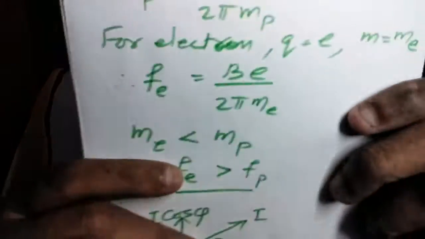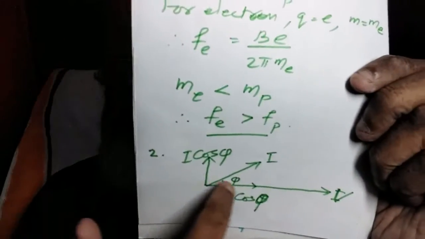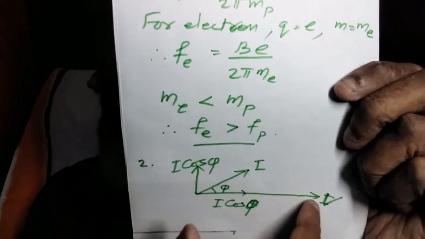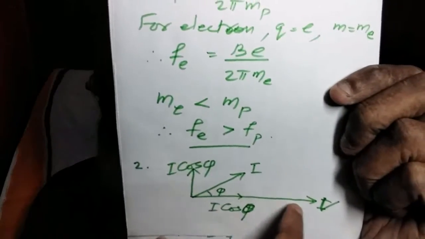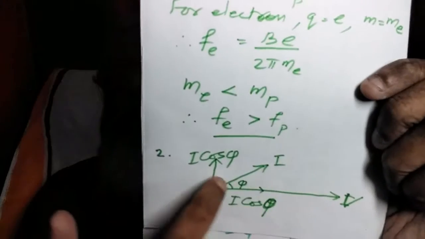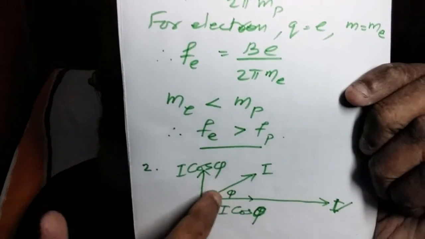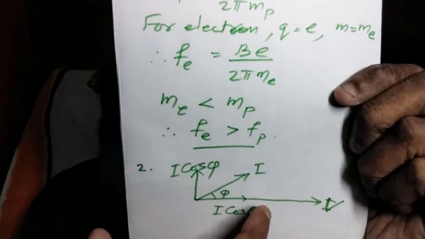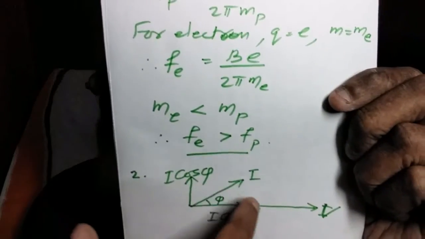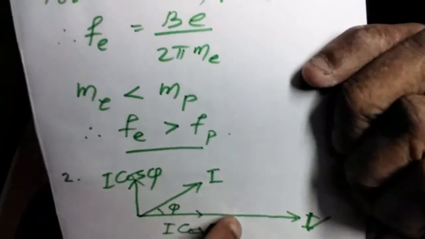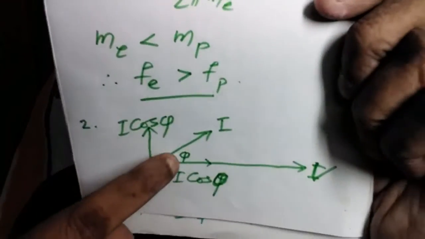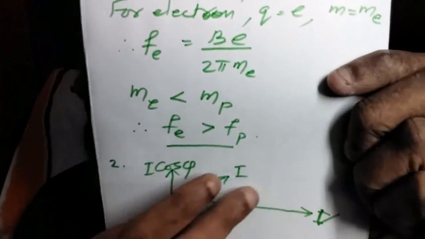For the time being, let the horizontal line represent voltage V. Then the current will be making an angle phi with this voltage line. That means there is a phase difference between current and voltage. This is a general case.